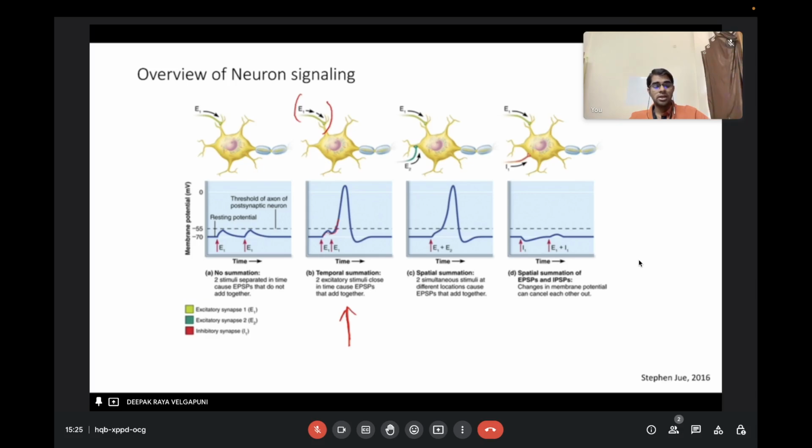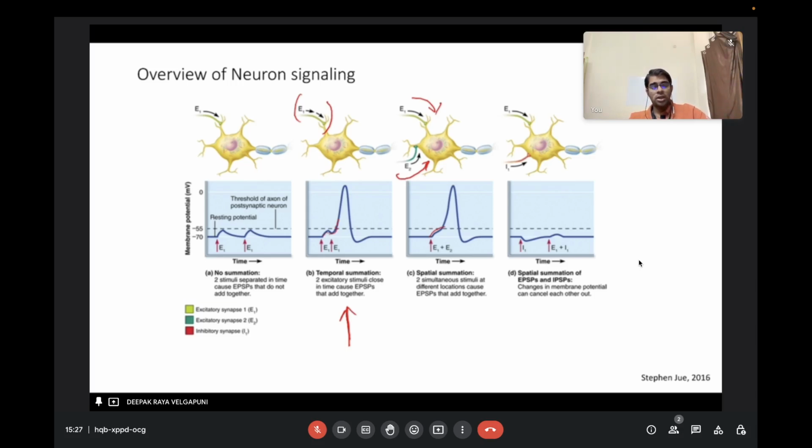Now summation in space: two impulses coming from two different directions on the dendrite can add up and help the neuron cross the threshold and fire an action potential. Here we are only seeing excitatory inputs. There could be inhibitory inputs also, depending on the neurotransmitter. Let's say an inhibitory neurotransmitter is sent to the postsynaptic neuron, and this inhibits the firing of this neuron, whereas this one excites. An inhibitory input just gets the voltage down, but if you get excitatory and then inhibitory, it excites and then the inhibitory brings it down.